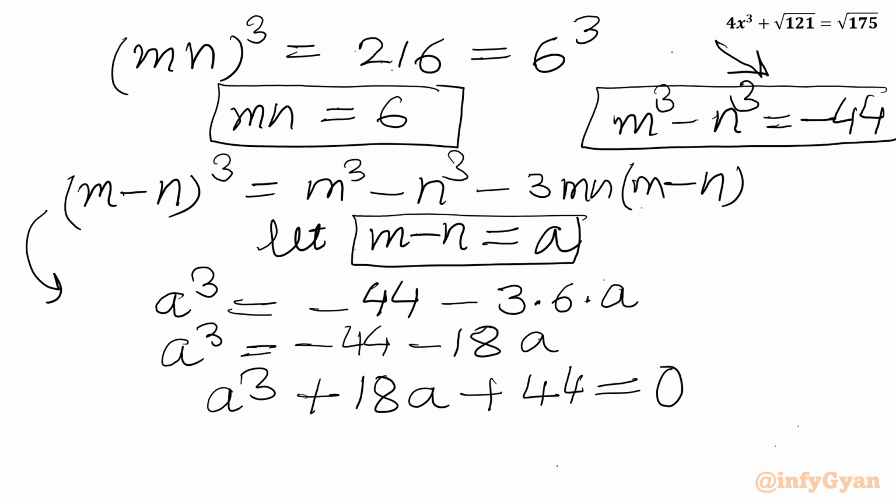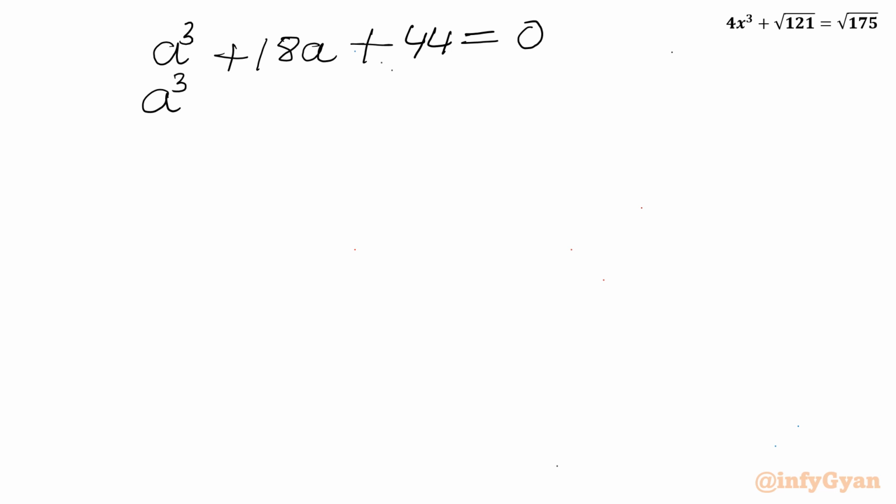This is one cubic equation. I will use method of factorization. Let us write a cube plus 18a plus 44 equal to 0. Now I can write 44 as 8 plus 36.